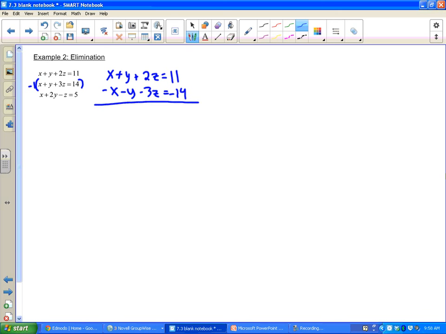So what actually happens here, if I look, is I was only trying to eliminate my x's, but I also eliminated my y's, which is a good thing, I guess. I guess it makes it a little bit of an easier problem if that happens. Z equals 3. We got to that point sooner than we would have if we had had another y here.